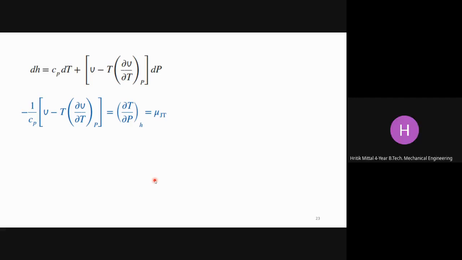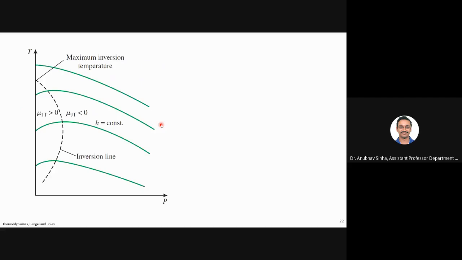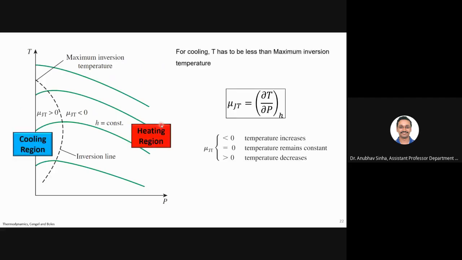Yes sir. I will not go into the detailed derivation. If you want, I can give it to you later. Basically, this is how you define the Joule-Thomson coefficient, that's all. You don't have to think a lot about it. This is how you define it, and the important point is that for an ideal gas, this is 0.